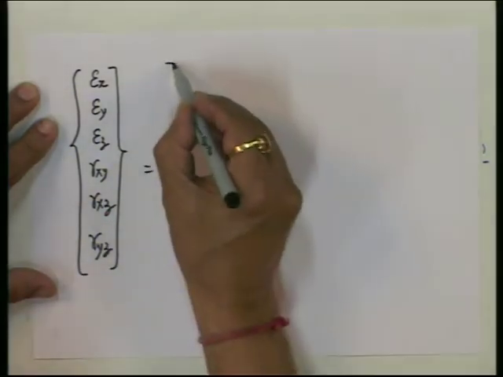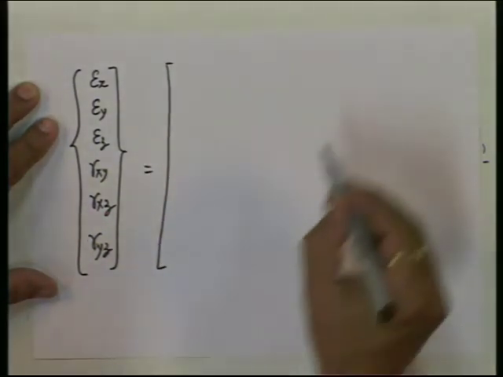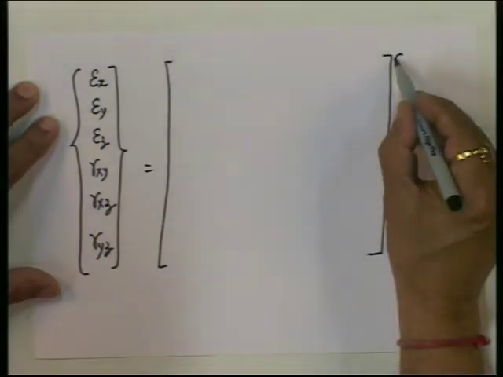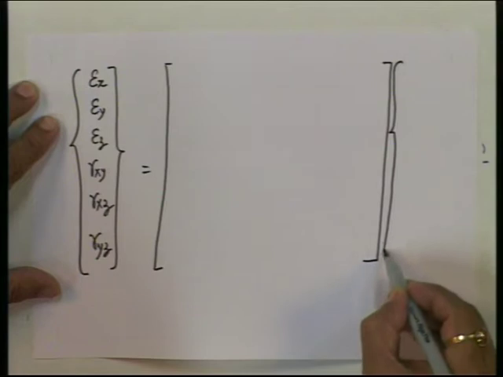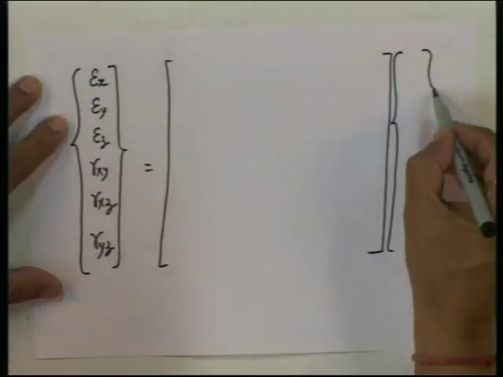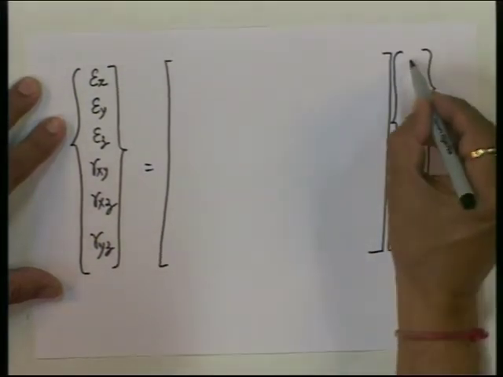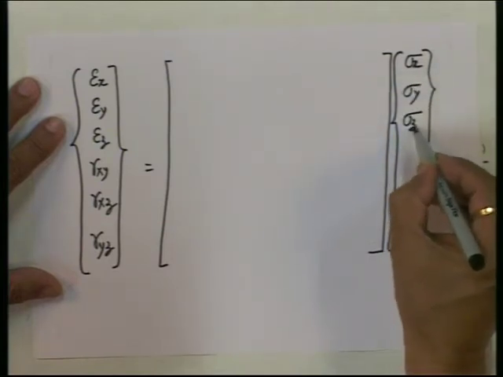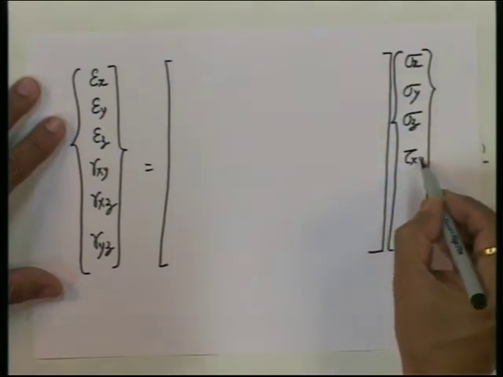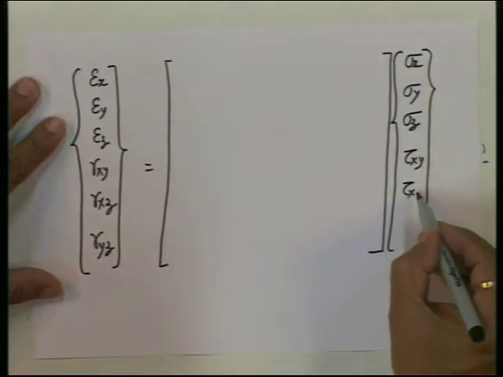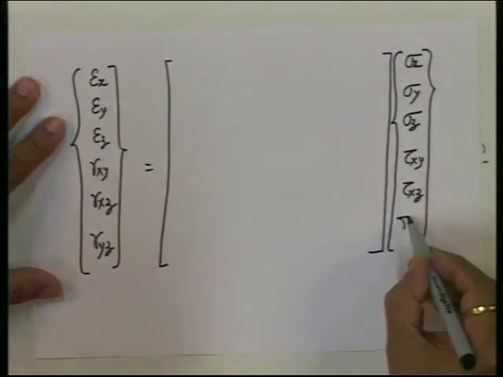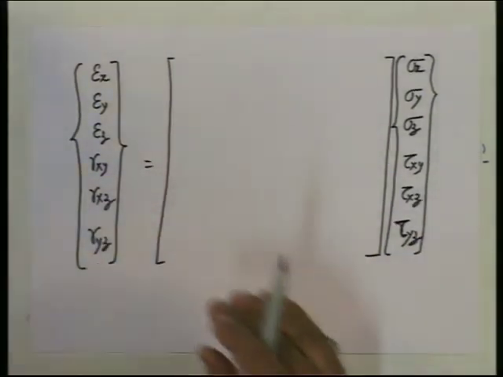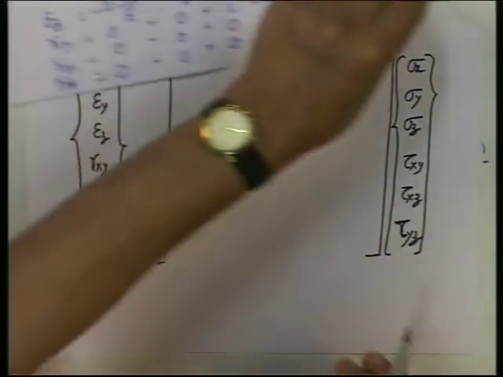Yes, so this will be a 6 by 6 matrix, and this will be a vector of stresses: sigma x, sigma y, sigma z, tau xy, tau xz, tau yz, and in between can be filled up by this.